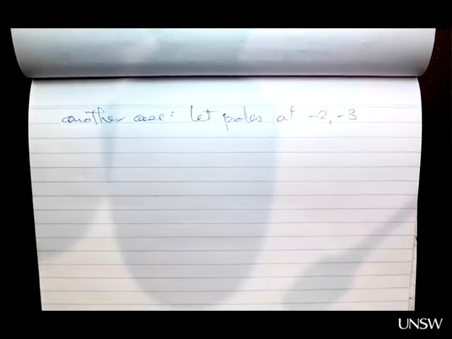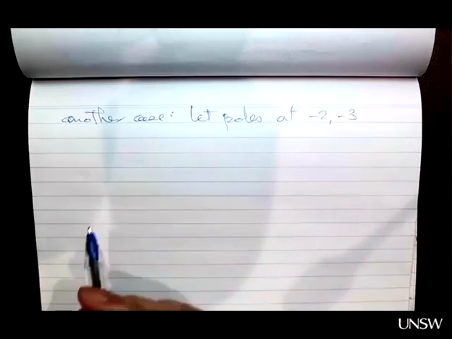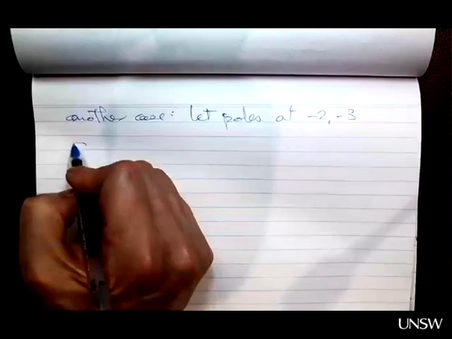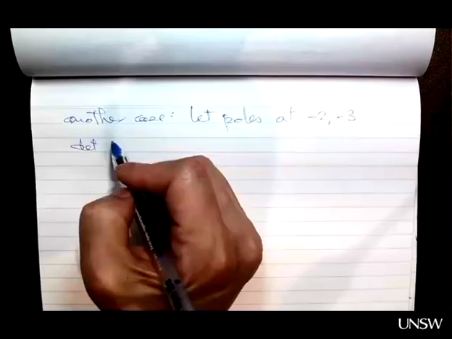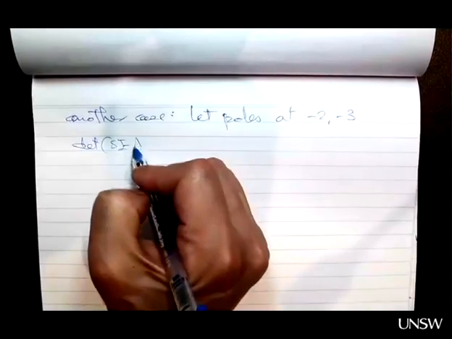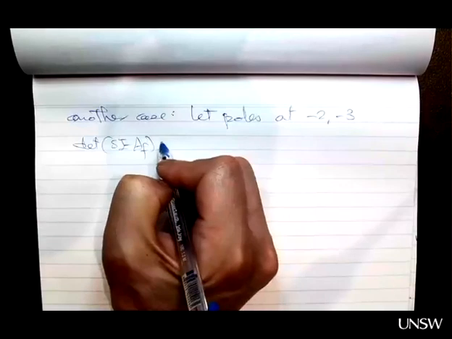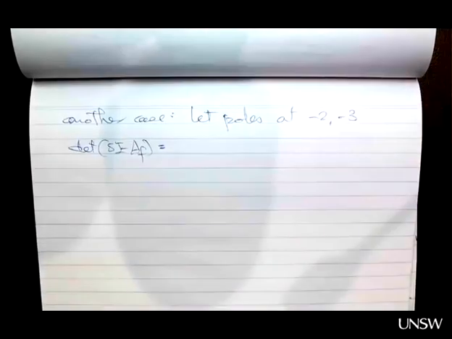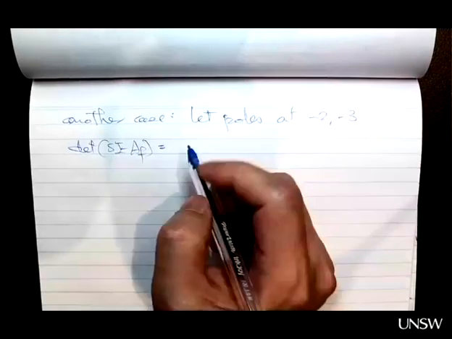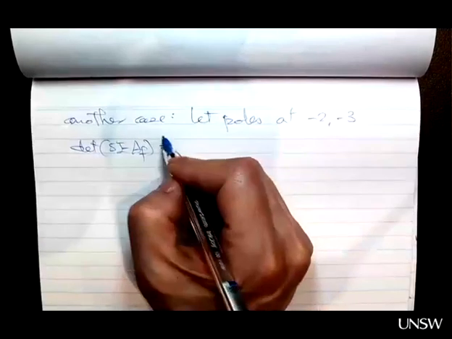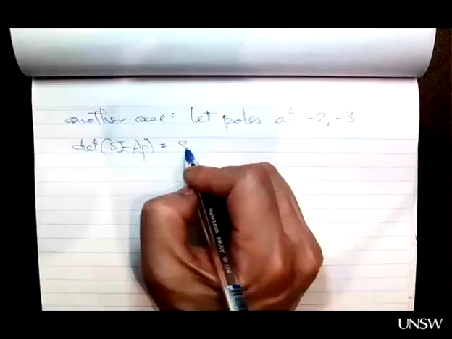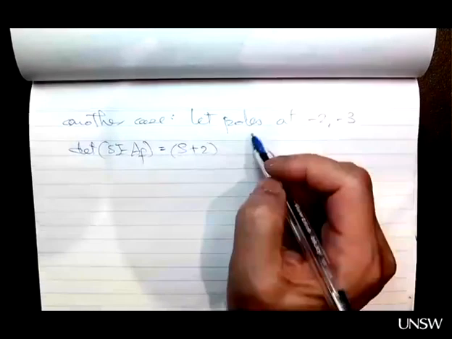What happens then? Then we repeat the design process again, right? Then the determinant of Si minus AF should be required to be S plus 2 and then S plus 3.